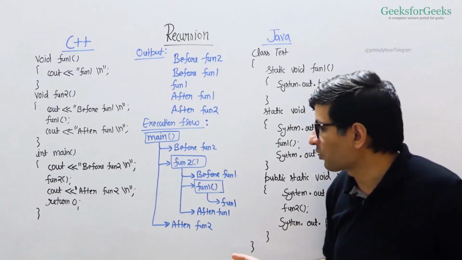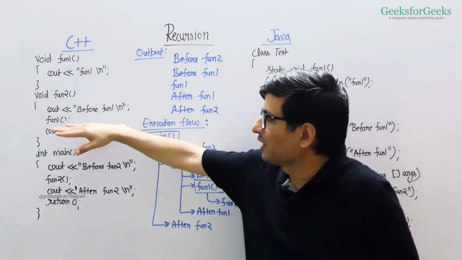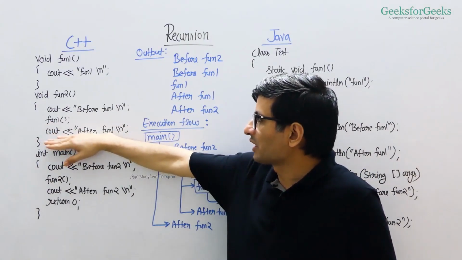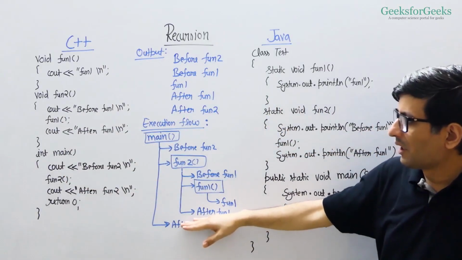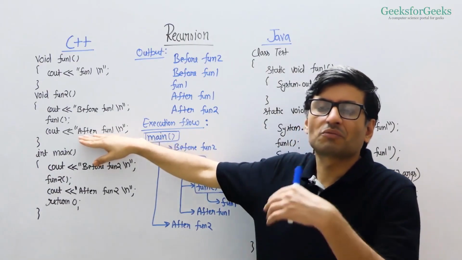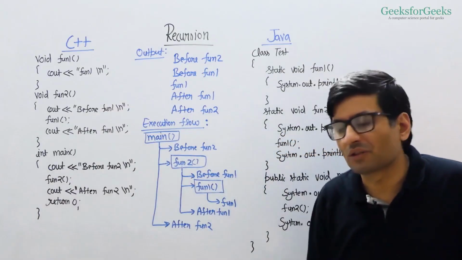Now fun2 gets the control back, and fun2 resumes its execution from the line just after the call of fun1. So fun2 executes this line, and after fun1 is printed on the screen. And this was the last line that fun2 has to do, right? So now fun2 is done. So control is given back to the caller of fun2, which is main.